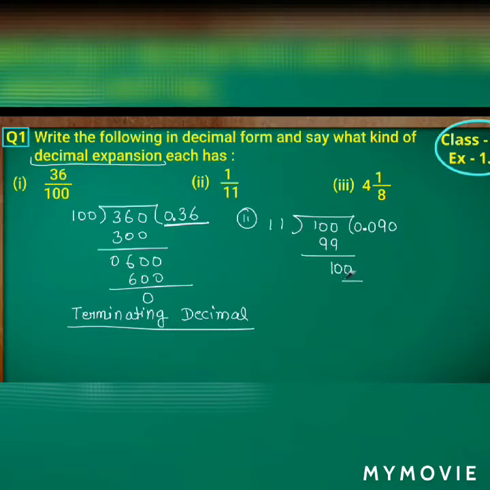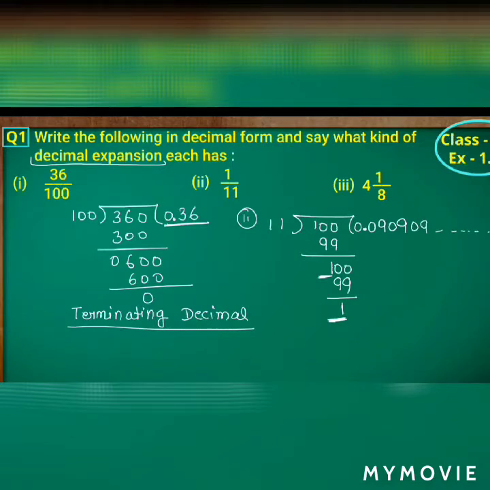So if you observe the quotient here, it is giving the repeated values, isn't it? That is 0.0909, which will be continuing and repeating. If you observe the remainder, we are getting continuously the same remainder, that is 1.